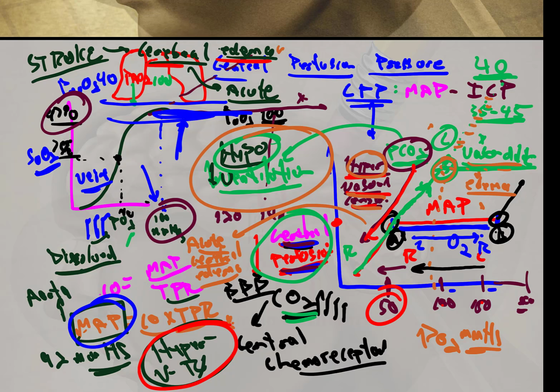Now, what happens is that at some point, if you find that your oxygen levels are going to drop below 50, look what happens. So oxygen now, let's move from right towards left. As you move from right towards left, you notice that the PO2 is dropping from 100, 90, 80, 70, 60, 50.